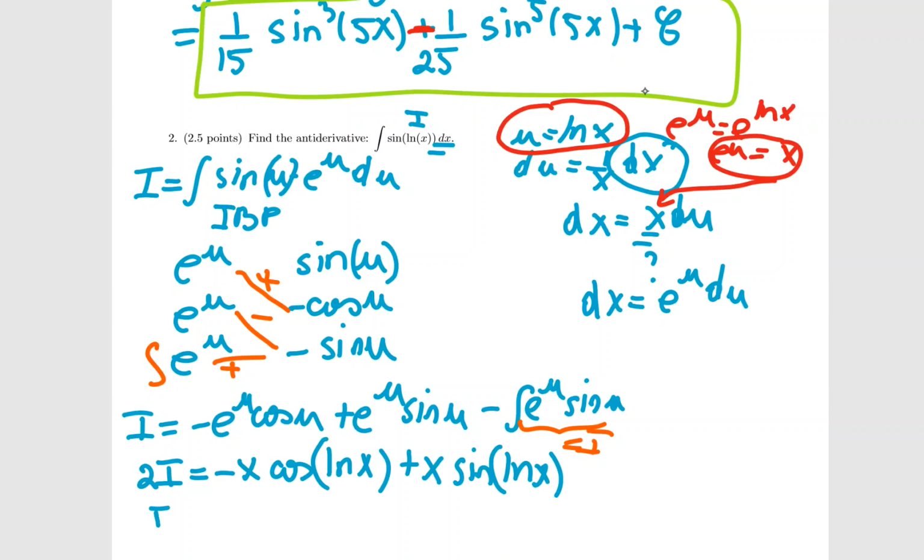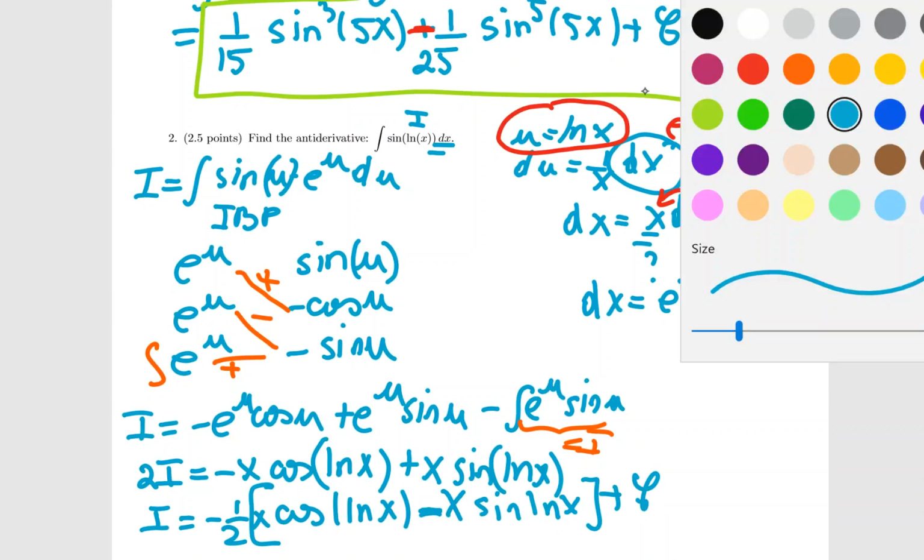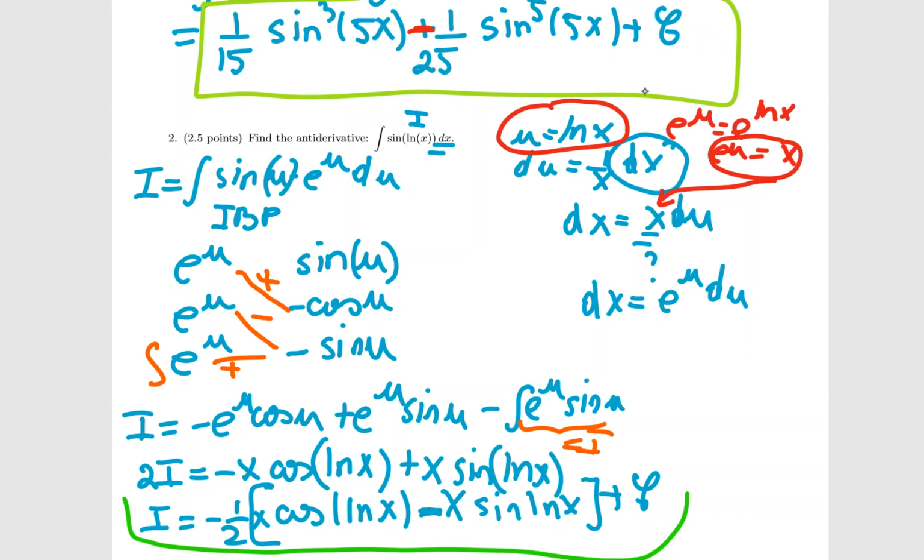So then just I is going to be negative 1/2 x cosine of ln of x minus x sine ln of x plus your c. That's just one version of the answer. Alright, so this should be the answer for that one.